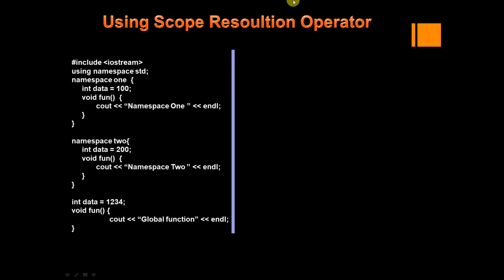Now if you want to access the variable data, say for example I want to print the data present in namespace1, the data present in namespace2, and also the data present in the global section, how can we do that?